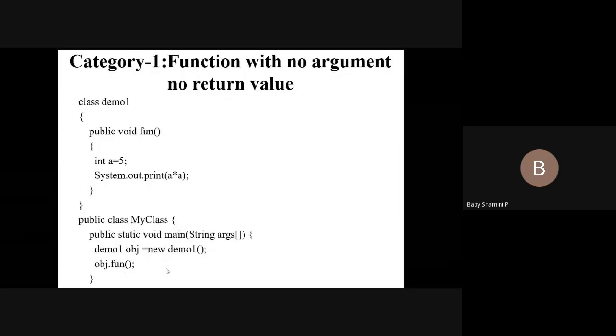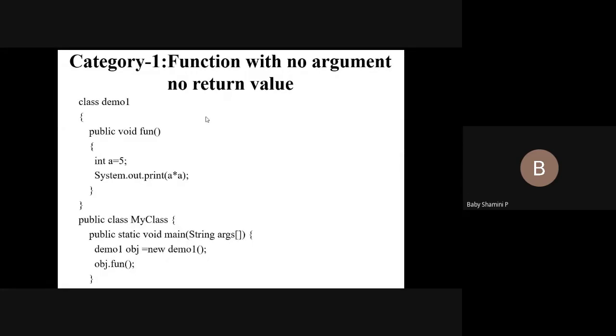Once the controller reaches the function call statement, it moves to the corresponding class, that is Demo1, and accesses the method. Inside we have a variable declaration a equal to 5 and output System.out.print a into a, that is output as 25. So here no need to pass any argument and no need to declare a return type.